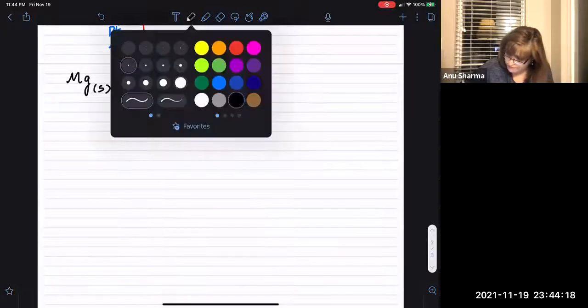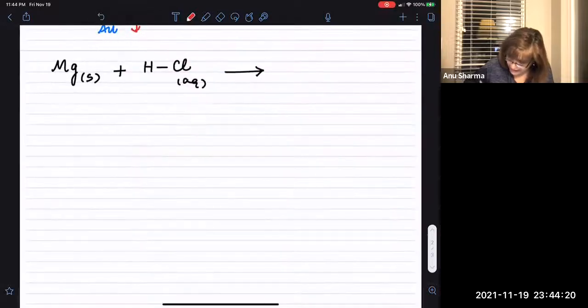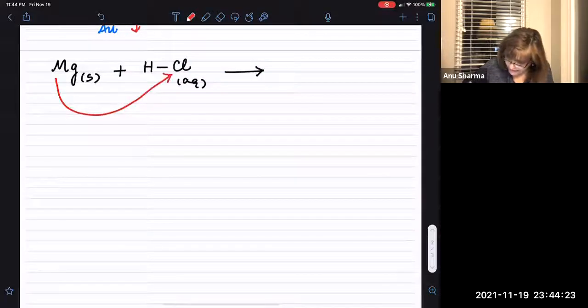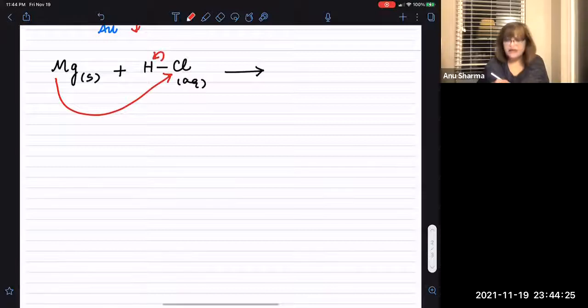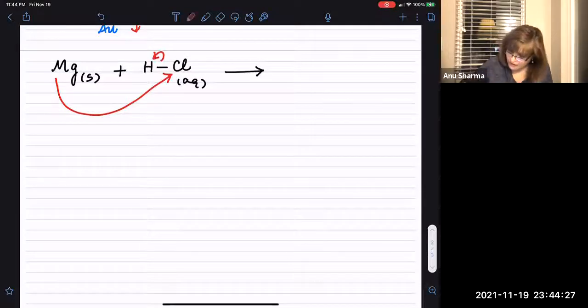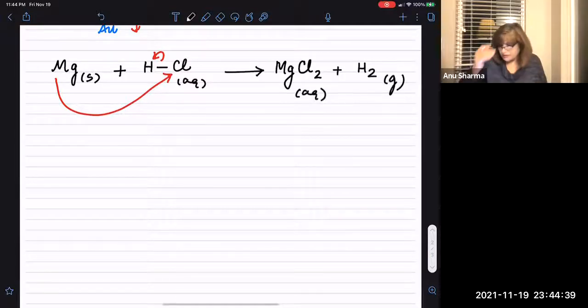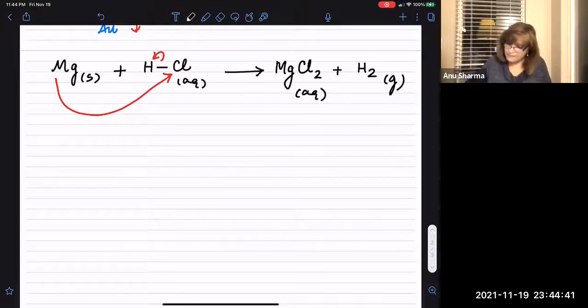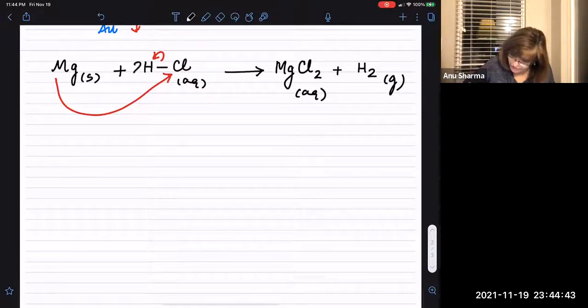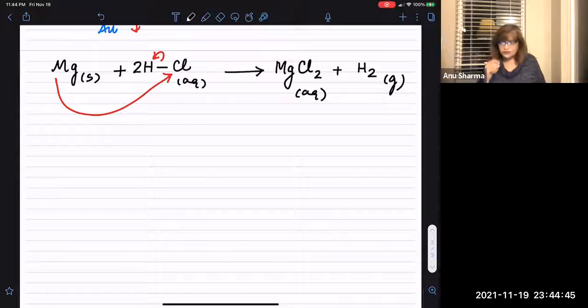So magnesium reacts with chlorine and displaces the hydrogen. What does it form then? Because magnesium is in group 2A, it forms MgCl2, which is soluble in water, and it releases hydrogen as a gas. Then you balance it: 2 hydrogens and 2 chlorines, 2 hydrogens and 2 chlorines.